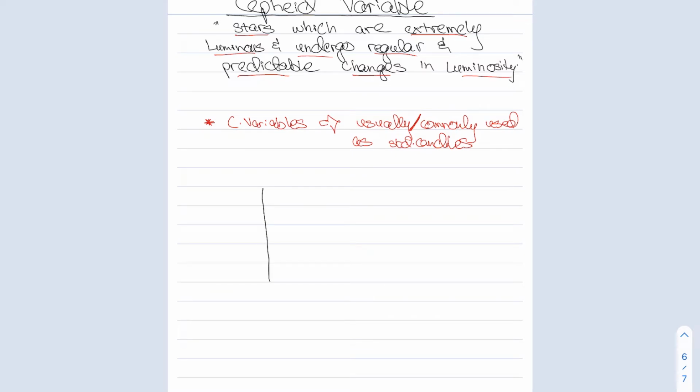I'll give the y-axis the label luminosity, and time on the x-axis. So the changes they have in the luminosity go like this.